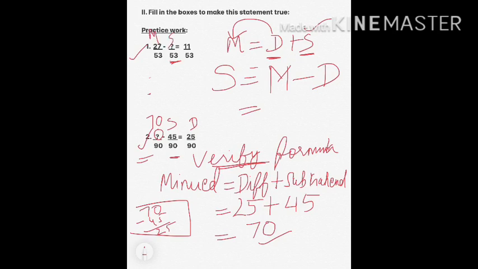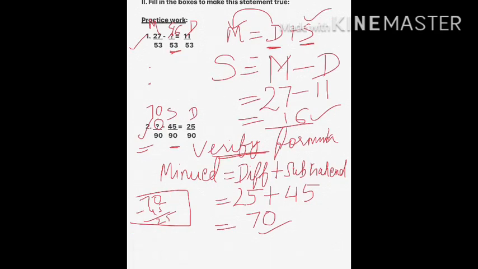This is the minuend, this is subtrahend, and this is the difference. So 27 minus 11, and what are you going to get here? 16. Is it clear, students? So this is the answer here. So the missing number will be 16 here. Alright, students. So this is the way of doing this problem.